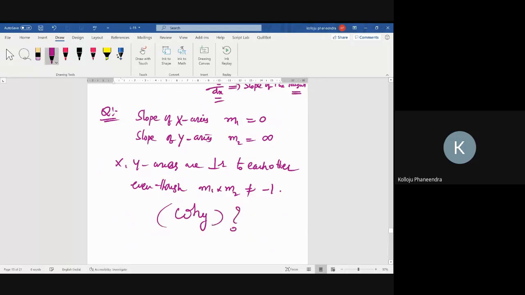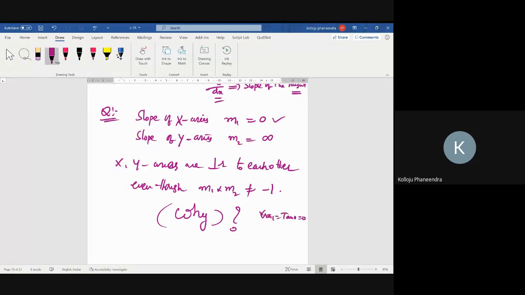Why? Anyone? Sir, it is tan 0 and 1 by tan 0. Which one? Sir, the slope of the x-axis makes a 0 degree angle with the x-axis, so m1 equal to tan 0.